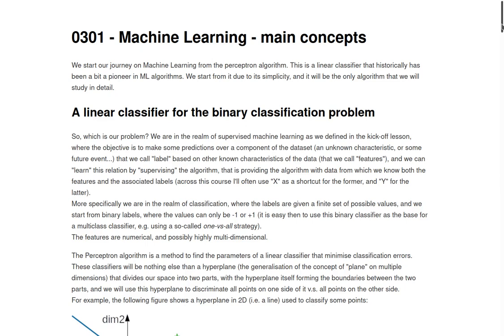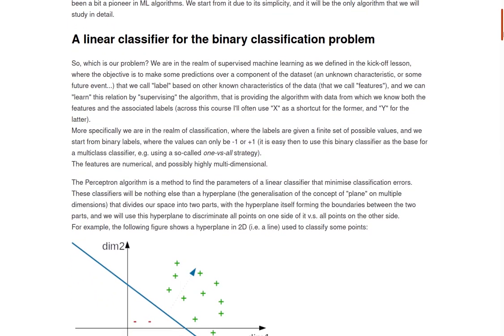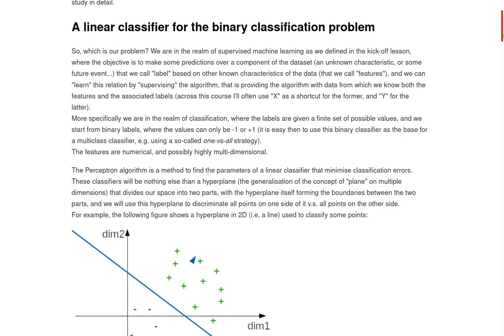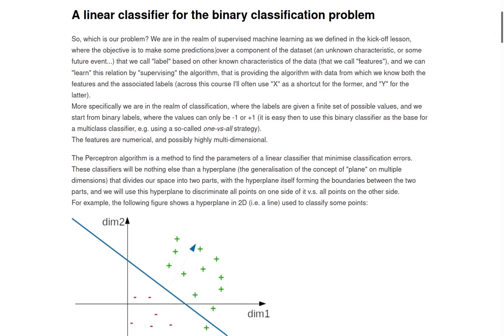So let's frame the problem a little bit. If you remember, machine learning from the kickoff meeting has several areas, and here we are in the realm of supervised machine learning. That is, we want to learn a relation between some characteristics that we know of the data and some others that we do not know and want to predict.